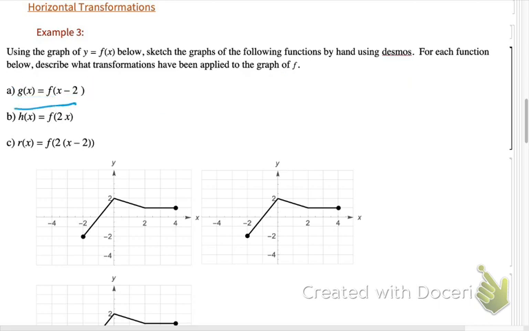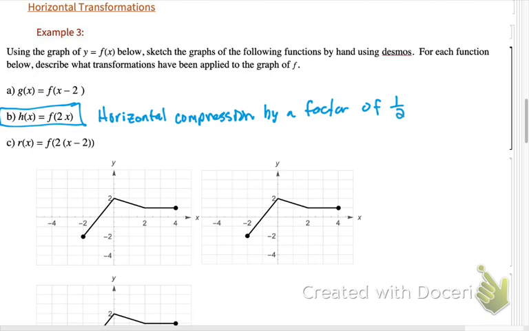Then there was h of x. We graphed this. This was actually a horizontal compression by a factor of 1/2. To get from the graph of f of x to the graph of h of x, you would multiply all the x coordinates by 1/2.